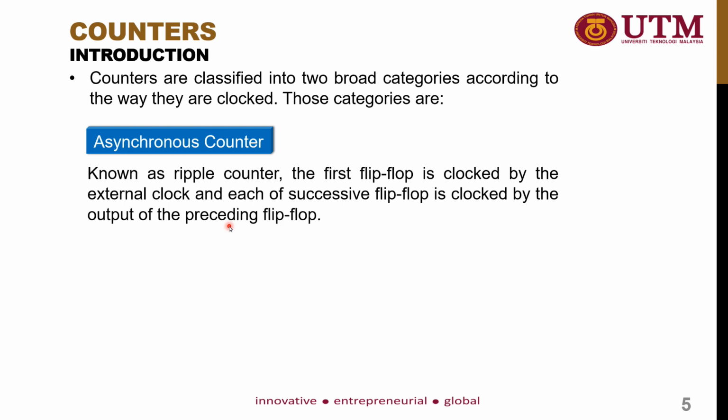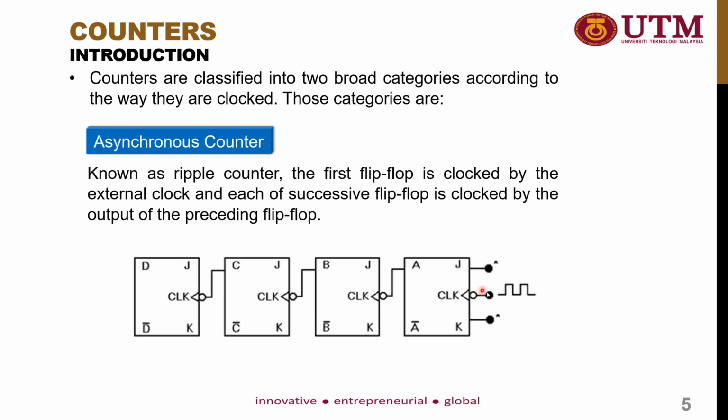So for asynchronous counters, you see here, this is the external clock signal, and the external clock signal is only connected to the first flip-flop. Then the second, third and fourth flip-flops will be connected to the output of the previous flip-flop.